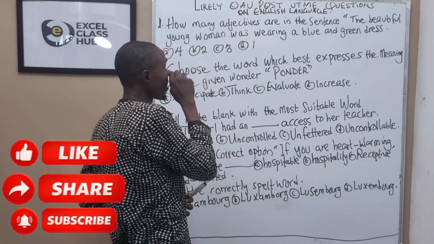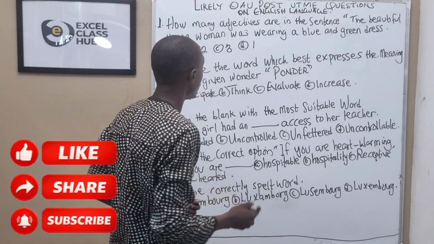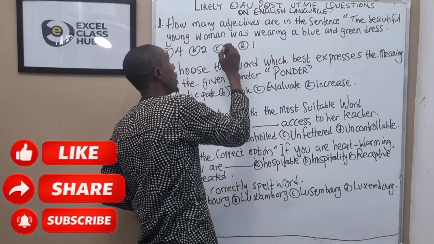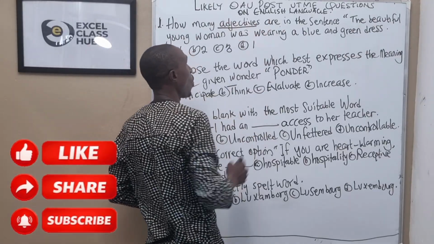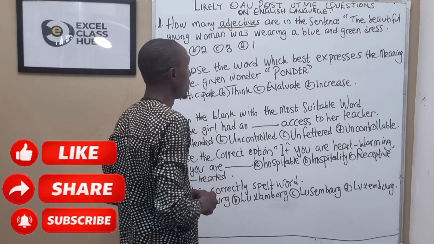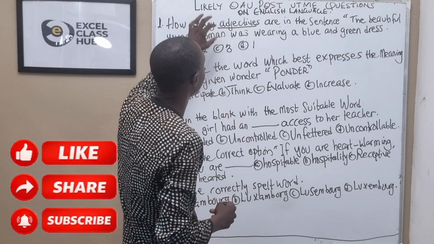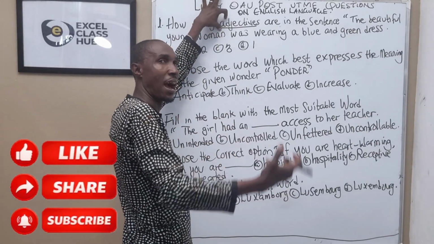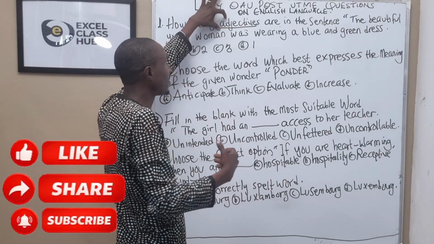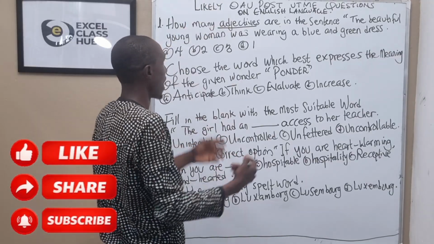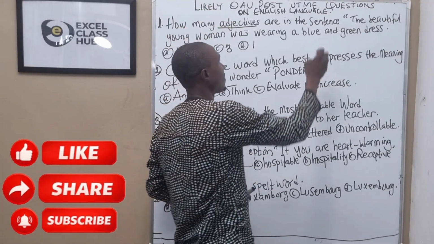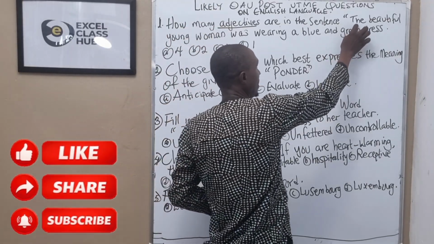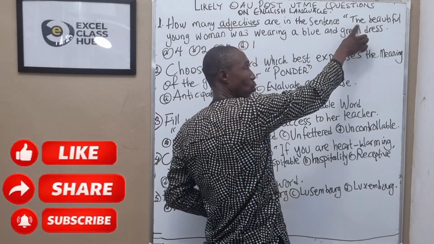Before you can answer a question of this nature, the first thing is to identify what an adjective is. An adjective is a word that qualifies a noun. Now, in this sentence, the is an article.